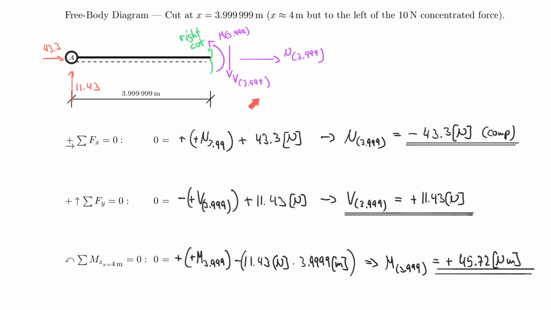Just before I move on to the next cut, which would be to the right of the force that we cut here before, please understand that this is identical to actually solving the opposite system, which would be on the right side. So I think it looked something like this. I had a support reaction on the right side, which was called RBY, and I believe that was equal to 23.57.